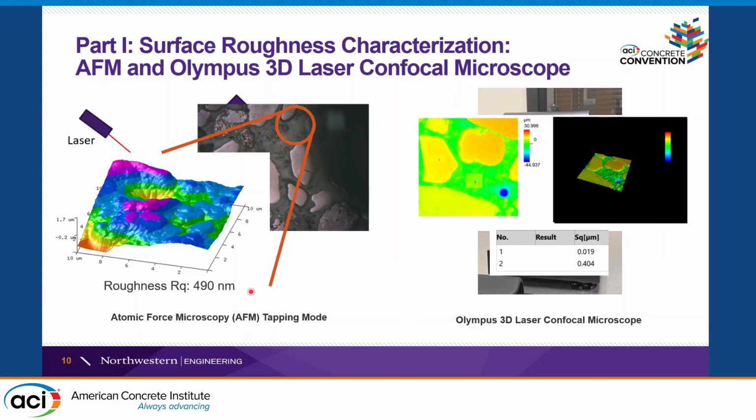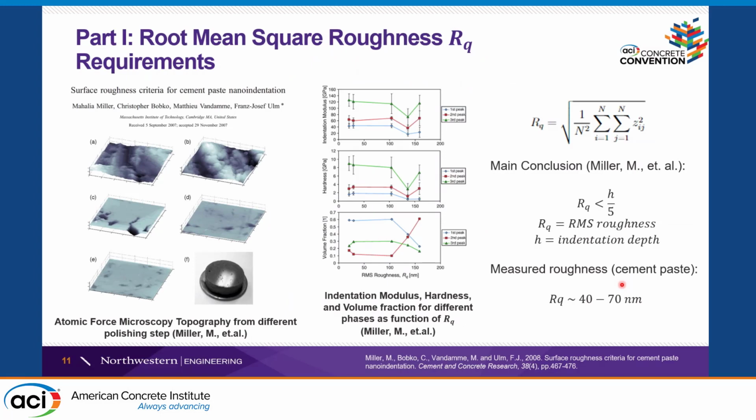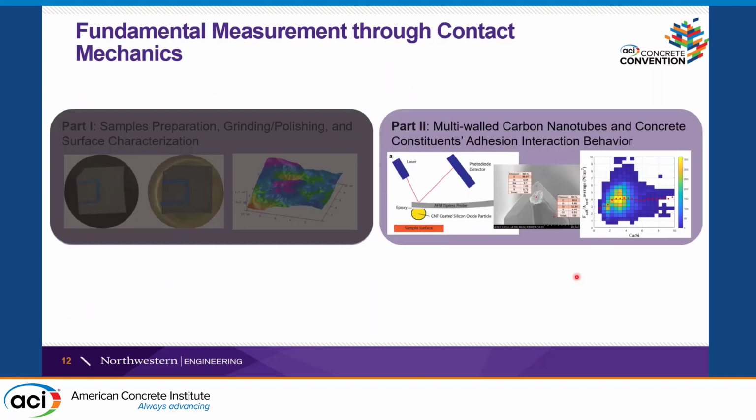So here 490 and 400 in a system where you have aggregate, like there is sand in the system. But this confocal microscope is faster, and also you can get a larger area to calculate. For only cementitious material, we got an average roughness of 40 to 70 nanometers after applying the polishing procedure.